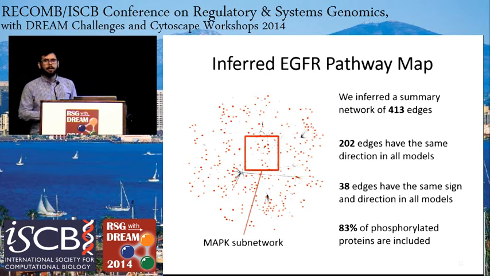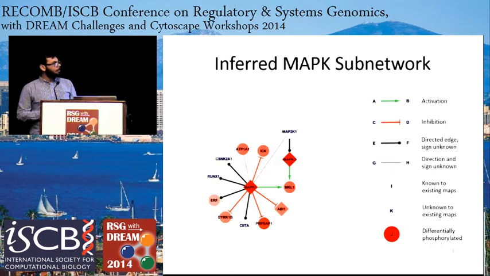So let's look at, as an example, a subnetwork here. In the MAPK subnetwork, to reiterate, the green and red edges are those that in all models have the same direction and sign, and the other black bold edges have a unique direction, but do not have a unique sign that we can assign.